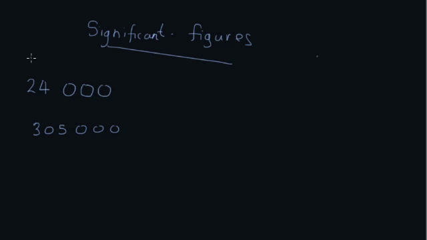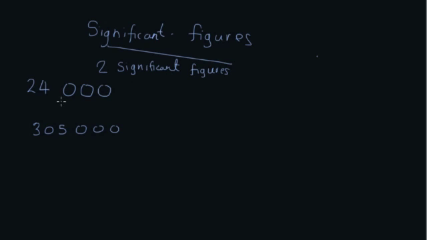Now here we're looking at your units, tens, hundreds, thousands, ten thousands column. Now we're going to do it to 2 significant figures.